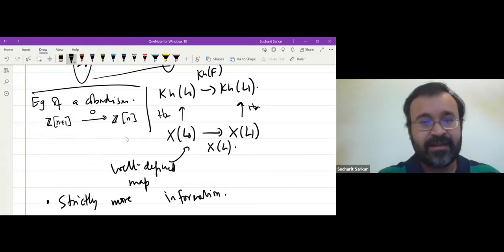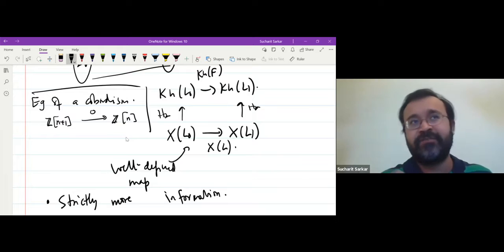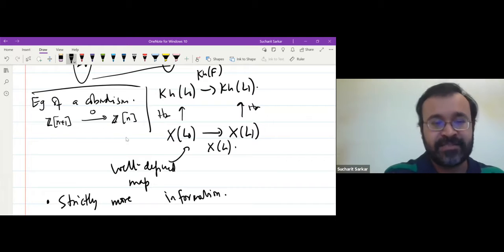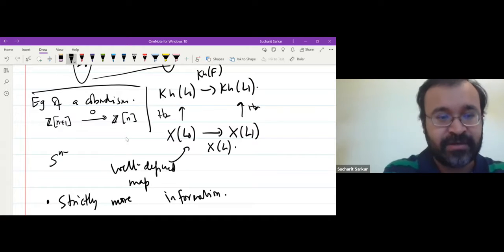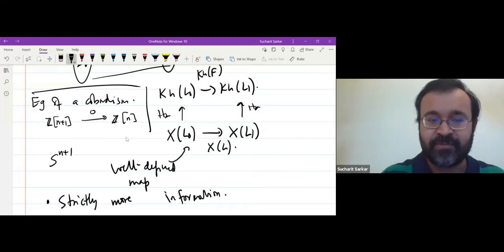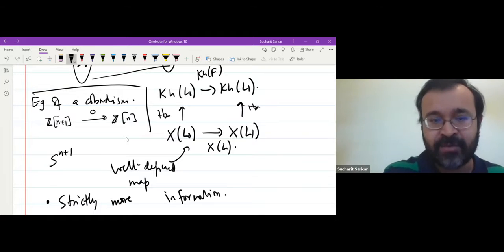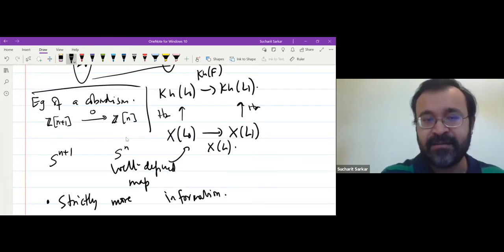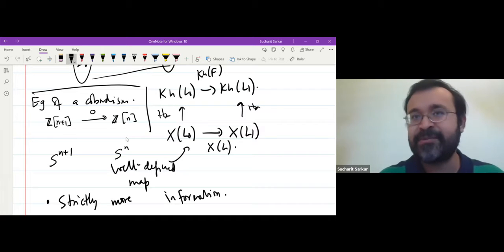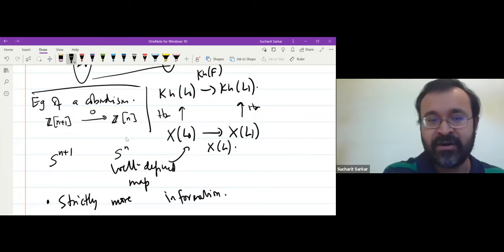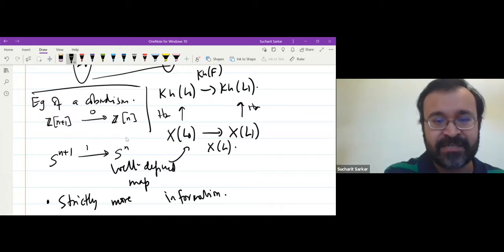Okay, but there are non-grading preserving maps between spaces. If the homology of a space is just Z, then the space is most probably S^(n+1). I mean, the reduced homology is just Z. So at the level of spaces, it's just S^(n+1), and this space is S^n. But there are interesting maps from S^(n+1) to S^n, namely the Hopf map, written by eta.